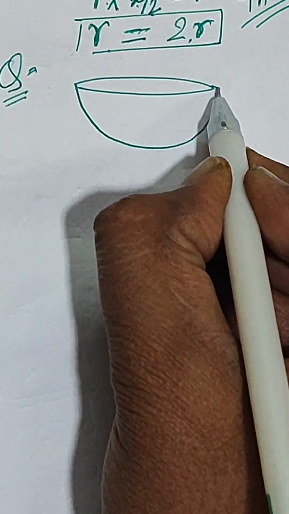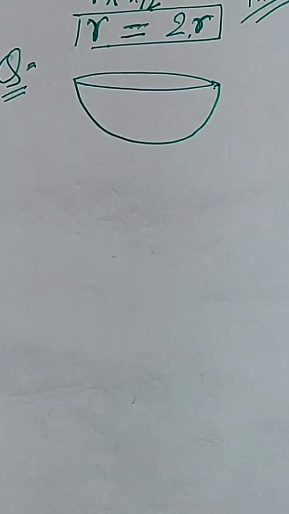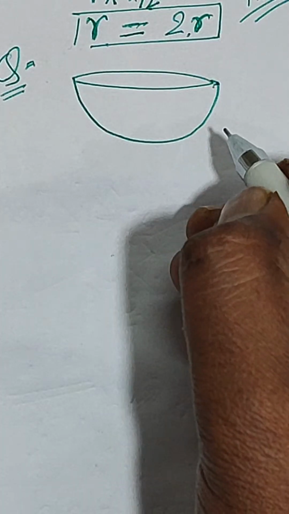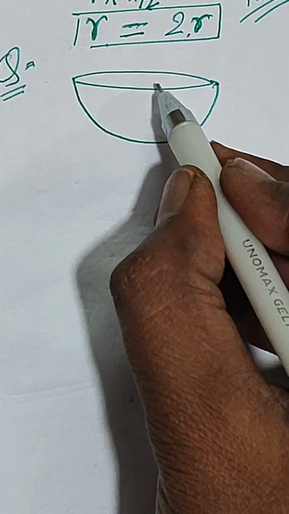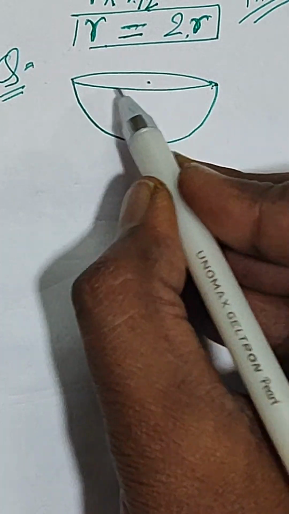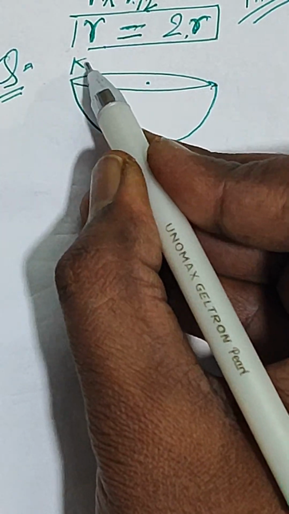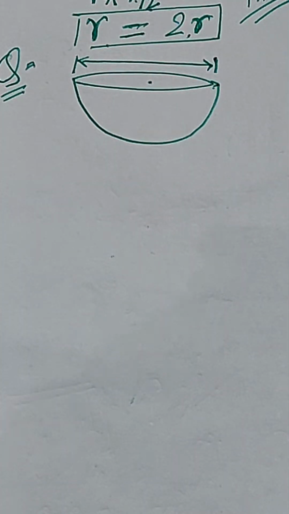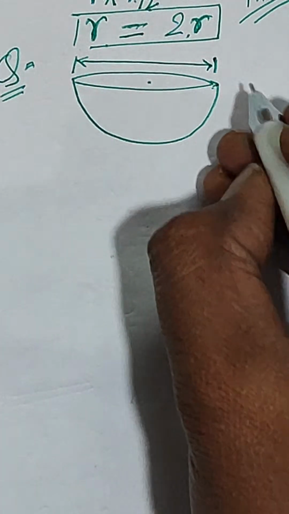This is the ball which is in the form of a hemisphere, right? In this question, the hemispherical ball has some internal diameter, and this diameter is given to you as equal to 36 centimeter.